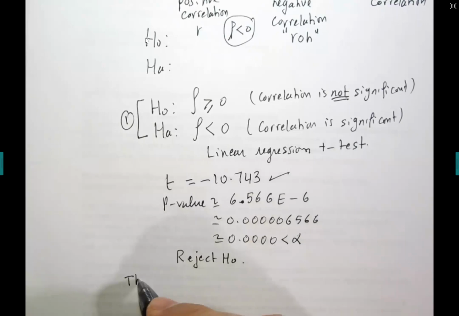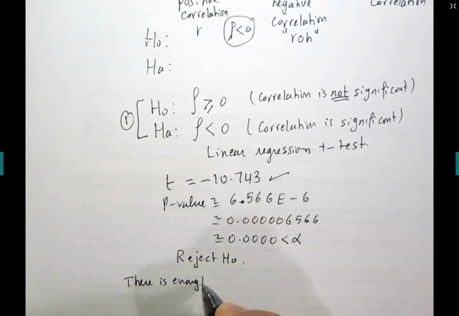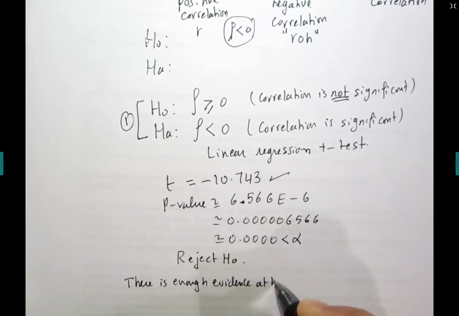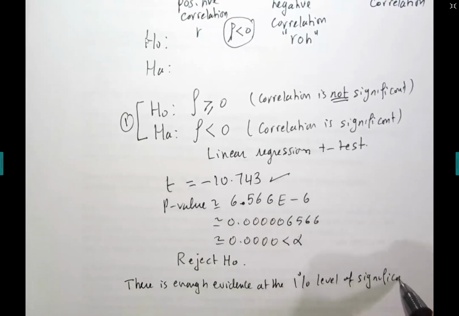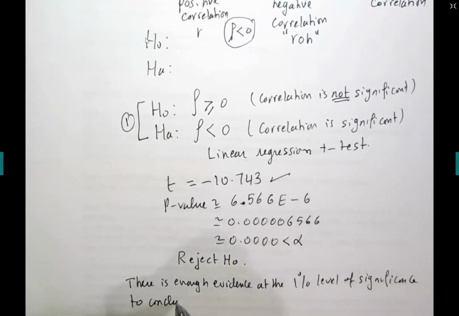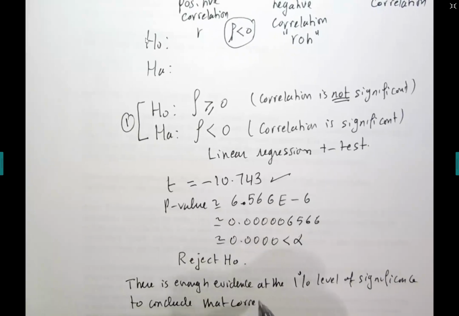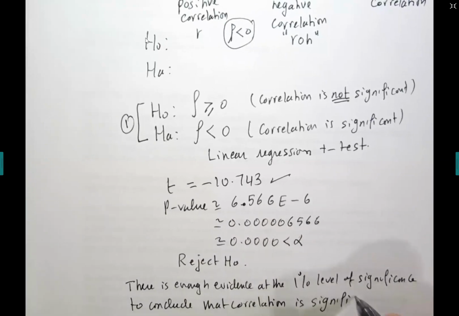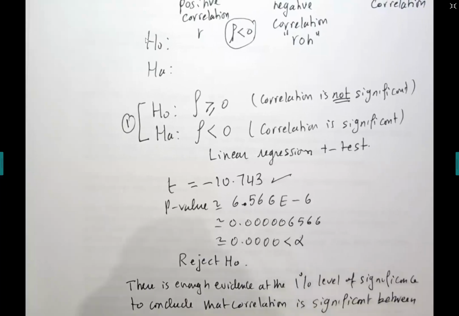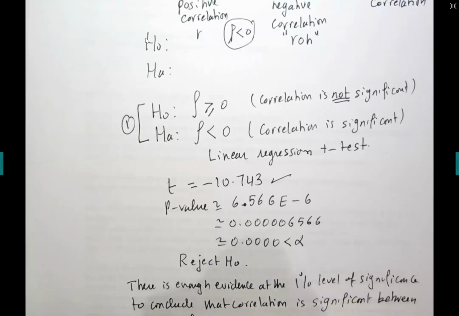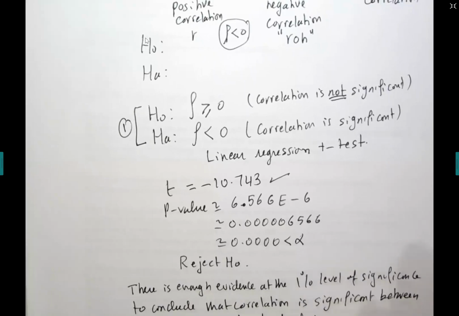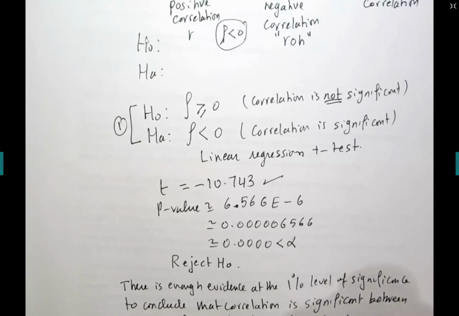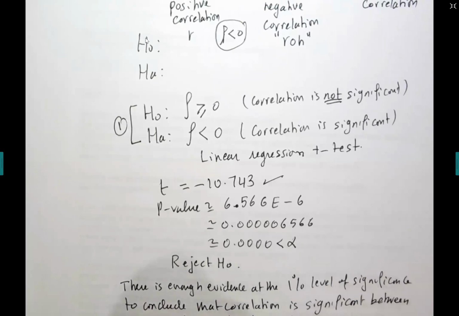So you say there is enough evidence at the 1% level of significance to conclude that correlation, which means linear relationship, is significant between the age of the child and the number of irrelevant responses on a standardized test.